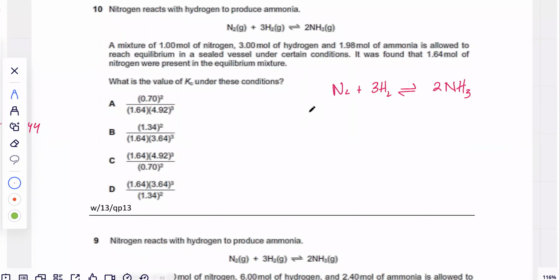So initial, and you have your equilibrium. So what are your initial moles? 1 mole of nitrogen and 3 moles of hydrogen and 1.98 moles of ammonia.